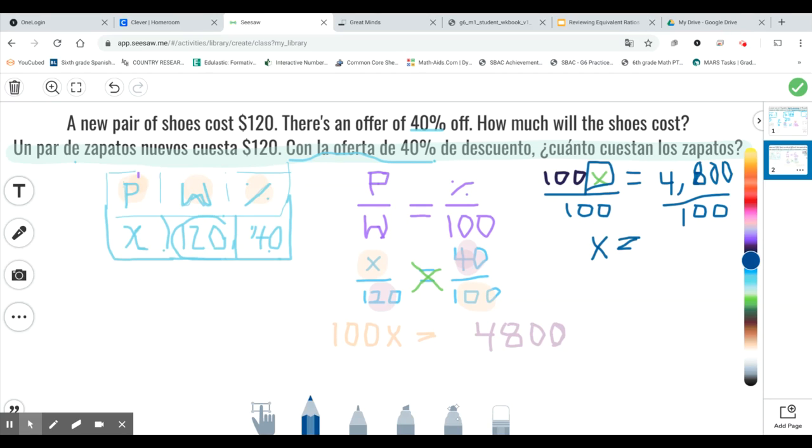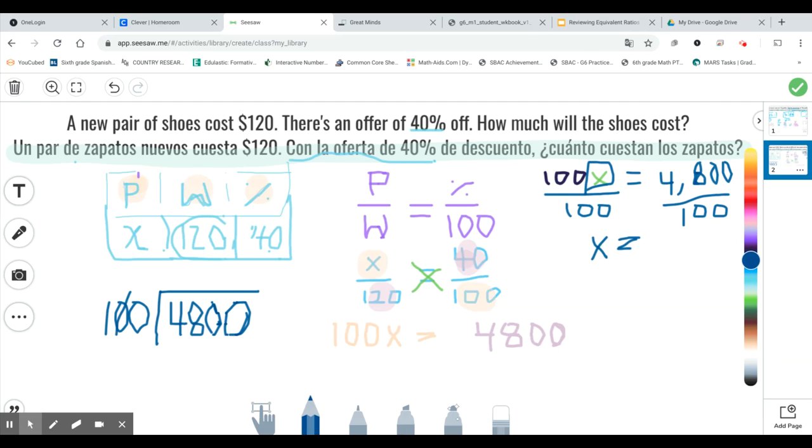And now I'm going to set up the problem on this side. 4,800. Sorry guys, let me rewrite that. 4,800 divided by 100.